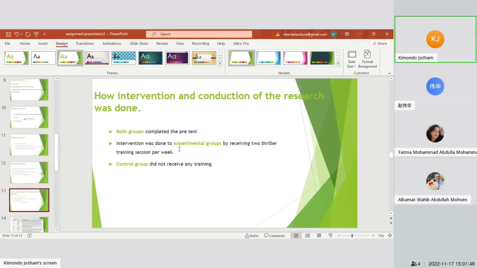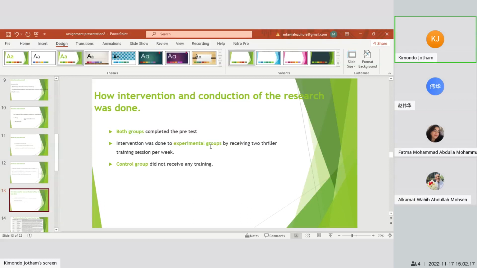And the intervention was then done for the experimental group by giving two 3-hour training sessions per week. Okay, so remember the title of the study was to test the effectiveness of emotion regulation.